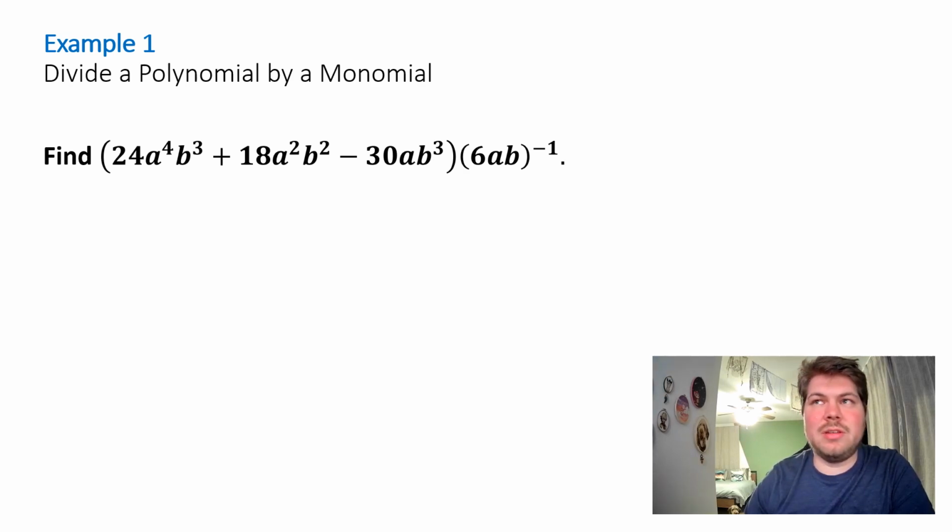Or usually you'll see it brought to the bottom of an equation, like into a fraction. But think about it. When you have something that's squared, that means you're multiplying it by that twice. If it's negative squared, you're dividing by that twice. So negative 1, we're just dividing by that, and it's a monomial, so hopefully this will be a breeze.